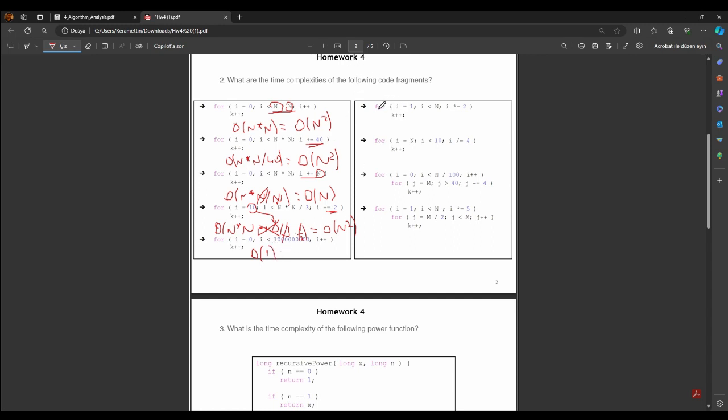Let's continue with our new example. As you see here, our i starts with 1 and it's multiplied by 2 each time.